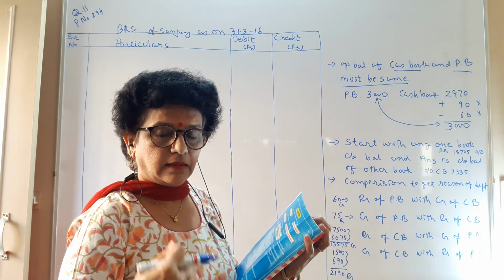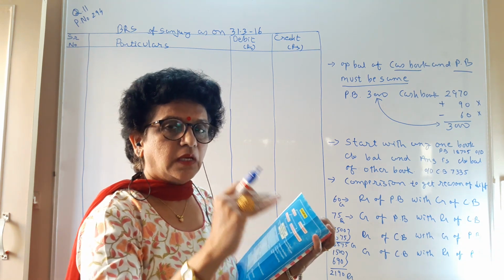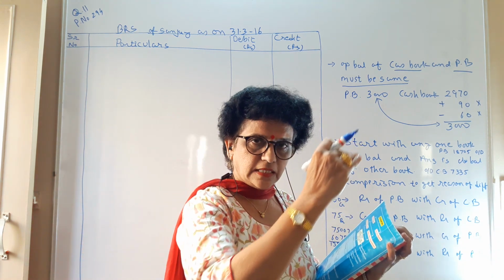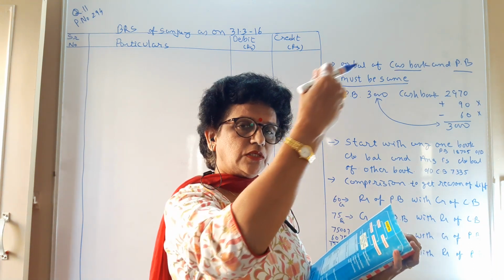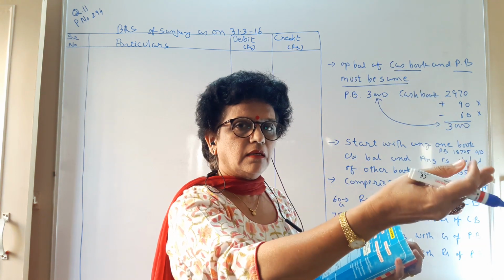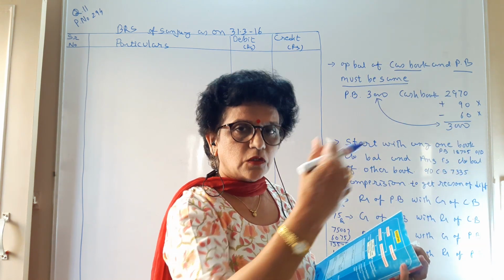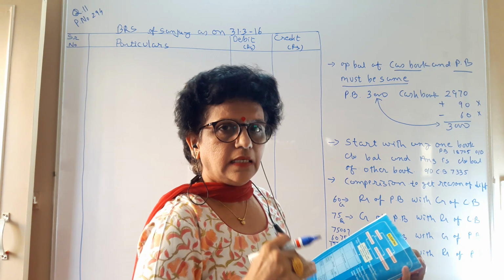If they are different, then you have to make them the same. It means the transactions used to adjust the balance were already considered in the previous month's BRS, so they are not to be considered again and again.